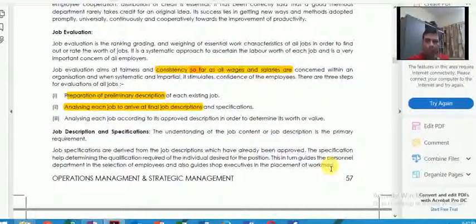Now the next part is the job description and specifications. As I have told you, when any person joins any organization, the company gives him the duties he has to perform, in what way he has to perform, to whom he has to report.